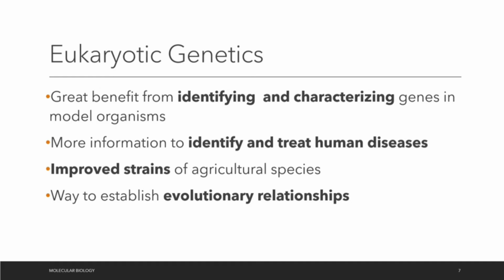And we can also apply our knowledge on eukaryotic genetics to improve strains of agriculture species to make them maybe produce more, or maybe produce better quality products. Okay. And we can also establish evolutionary relationships by studying the genetic sequences of different organisms to find out how they are related to each other during evolution.